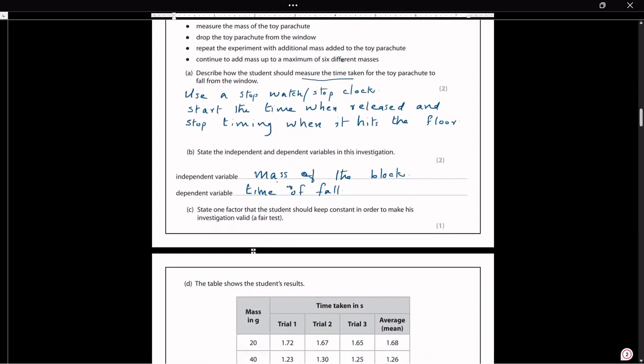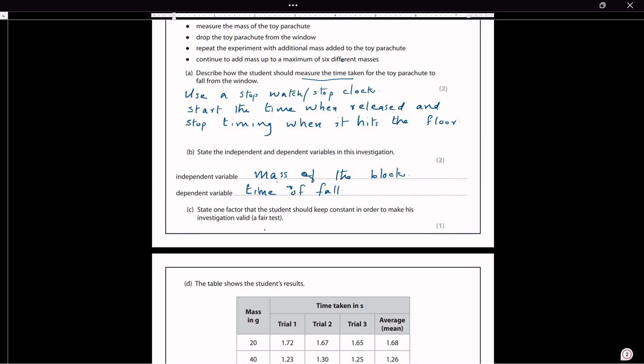Now the next part of the question is to state one factor that the student should keep constant. That means he is asking about the control variable, what we should keep constant throughout the experiment. The independent variable we also vary, in steps, choosing and varying it. But a control variable is a factor that is constant throughout the investigation.